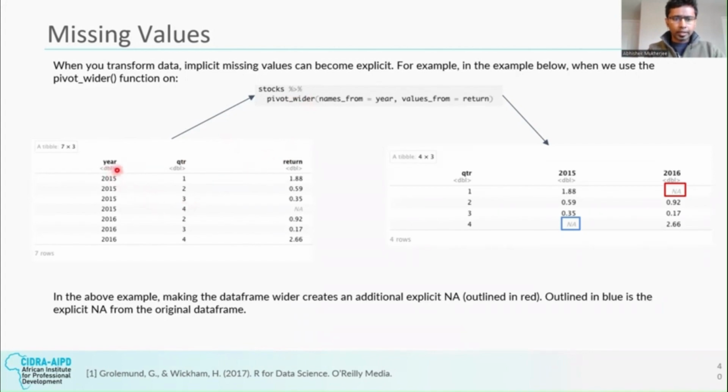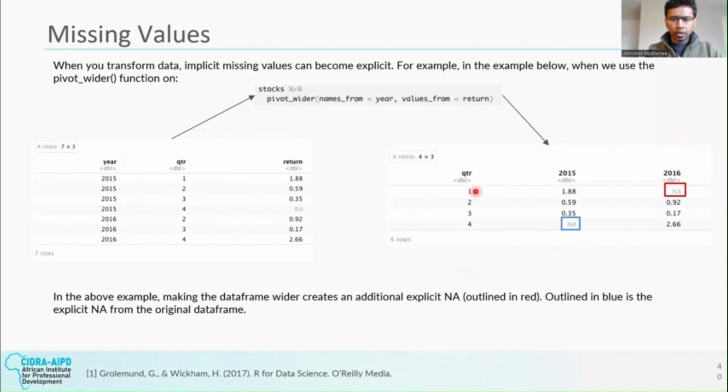Like I said, this data set is already in a tidy format. Why? Because each column is its own variable and each row is its own observation. If we apply the pivot wider function, the transformation occurs something like this on the right-hand side of the screen.